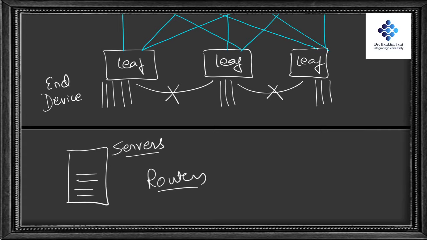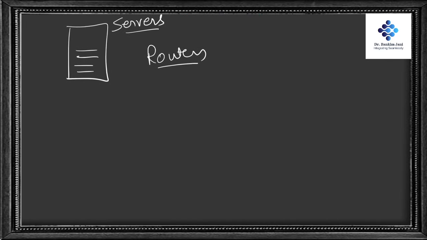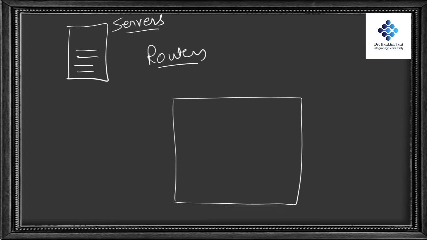But Cisco went one step ahead. Cisco said that that's okay, we can connect an end device. So here is my end device, and this end device, he said, is Cisco UCS, a Cisco UCS server. Is it a box?